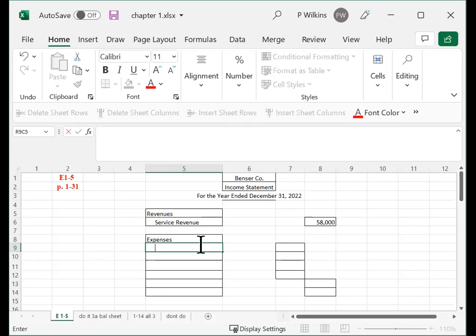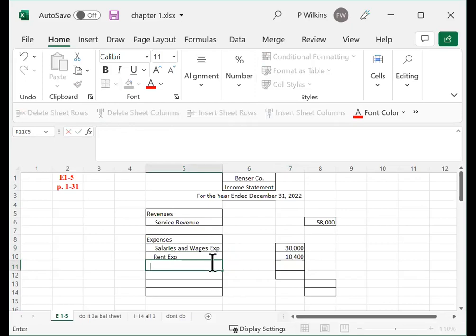And if we look, we see salaries and wages expense is $30,000. So we're going to put that. We're then going to go to rent expense. And rent expense is $10,400.